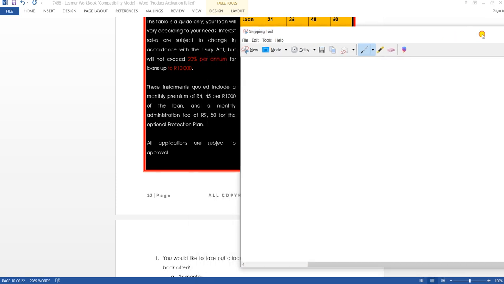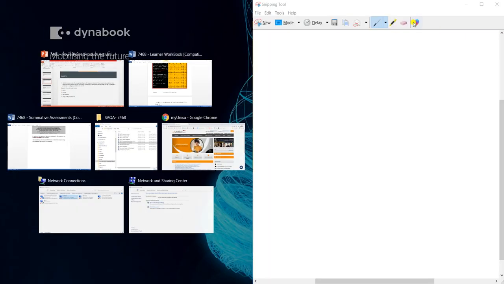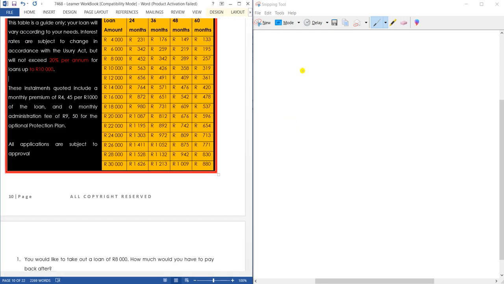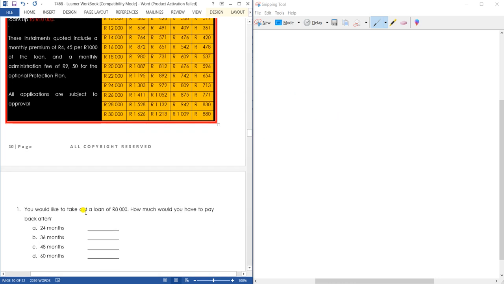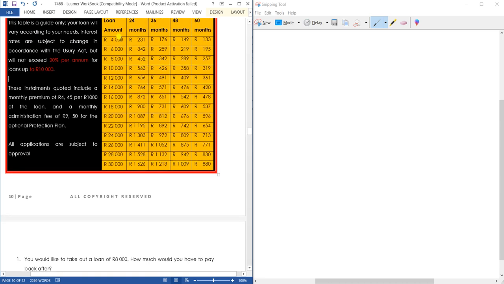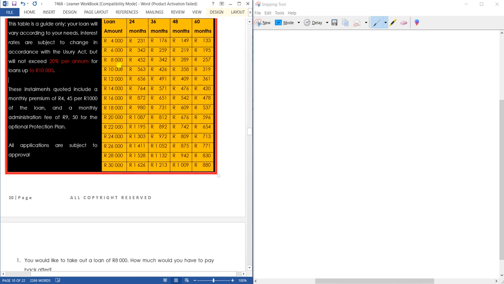So we've got 8,000. If you want to take out a loan of 8,000, how much would you pay after 24 months? You need to go to the loan amount of 8,000 for 24 months.